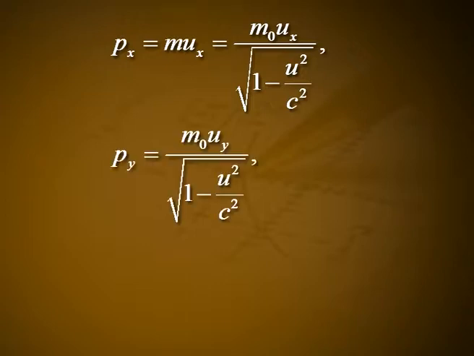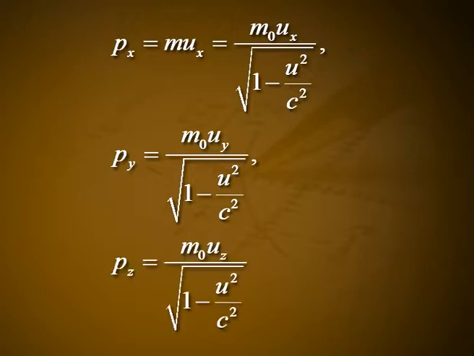Py is equal to m₀uy divided by the square root of 1 − u²/c². Pz is equal to m₀uz divided by the square root of 1 − u²/c². Total energy E is equal to mc², which is equal to m₀c² divided by the square root of 1 − u²/c².